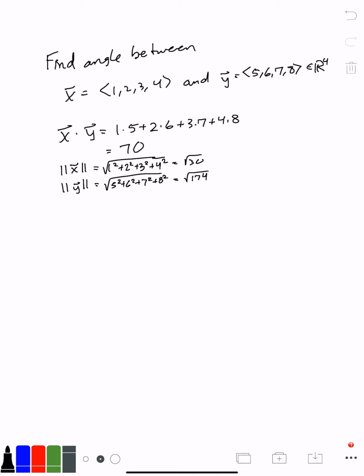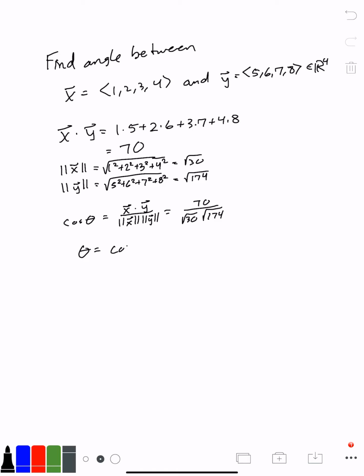And so then we can solve for cosine theta by just saying it's x dot y over the length of x times the length of y. That would be 70 over the square root of 30 times the square root of 174.